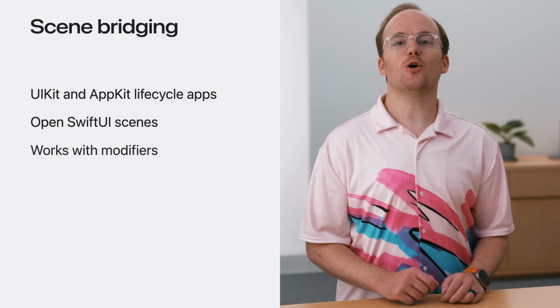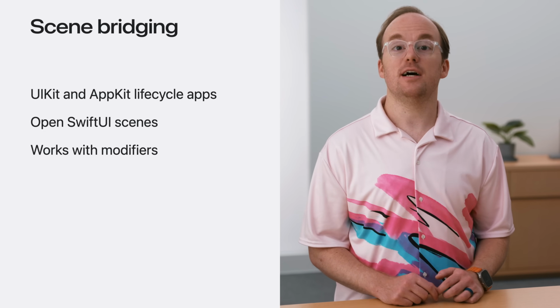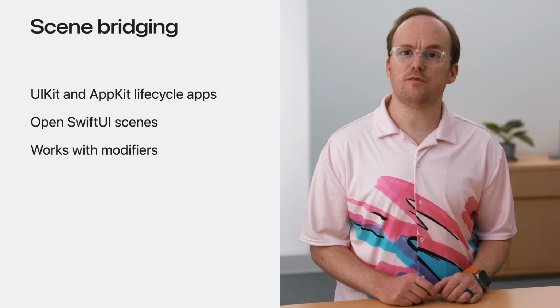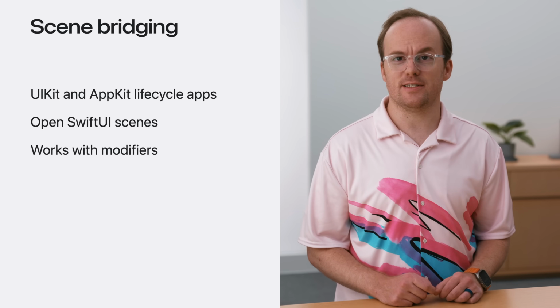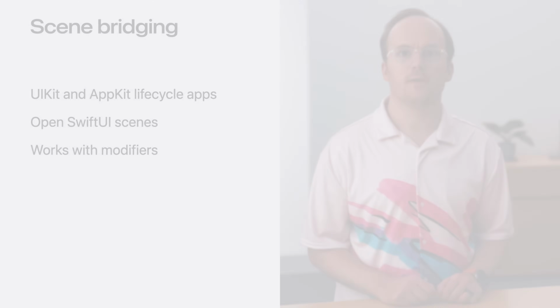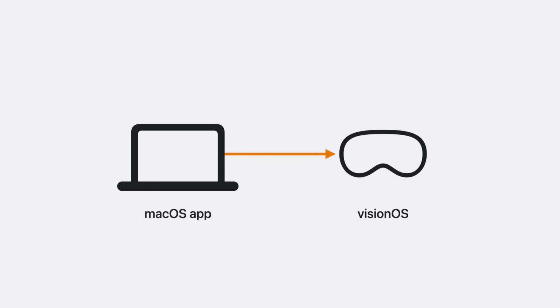You can use scene types like Menu Bar Extra and Immersive Space. It also works for scene modifiers, like window style and immersive environment behavior. Scene bridging works with the new scene types in SwiftUI this year, like Remote Immersive Space.